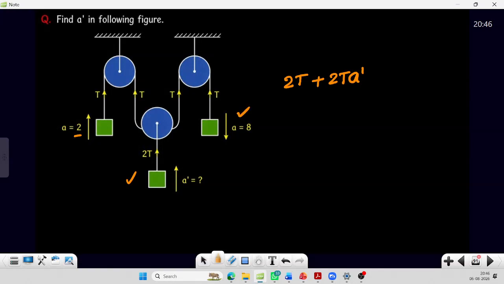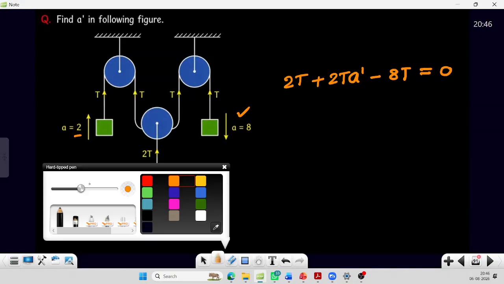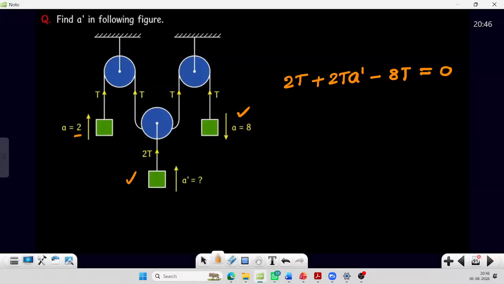Next for this block, minus 8T equal to 0. Have you heard the word constraint equation? Constraint relations. This is called constraint relations. So find the value of A dash. How much is the A dash value? It will be equal to 3 meters per second square.